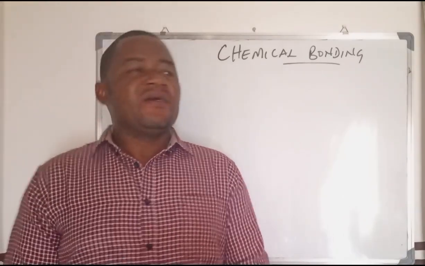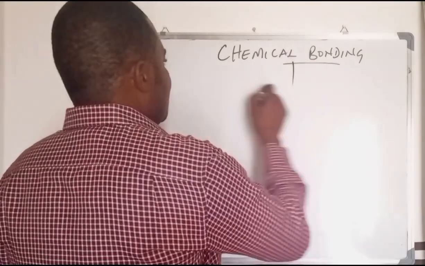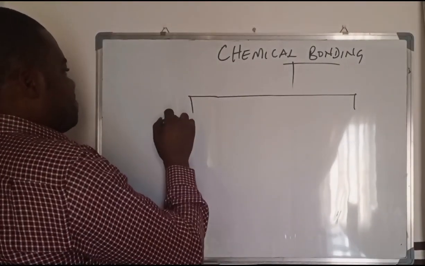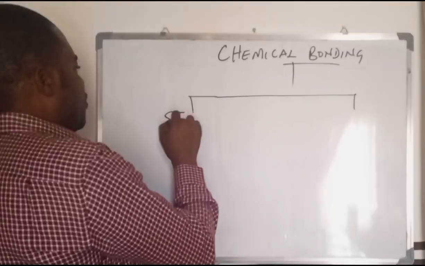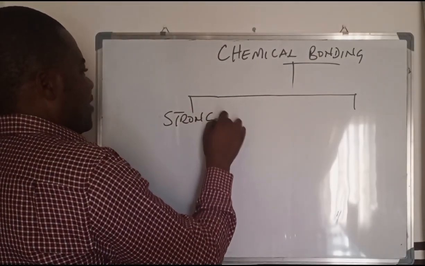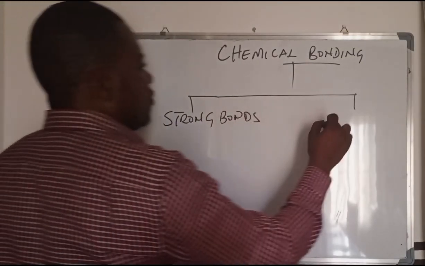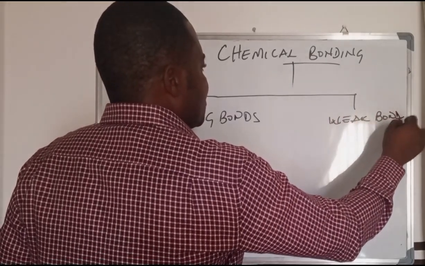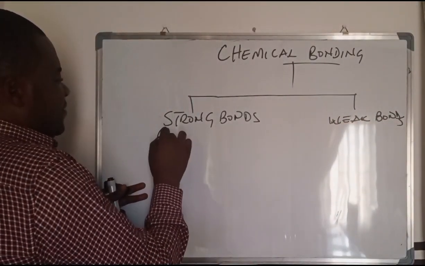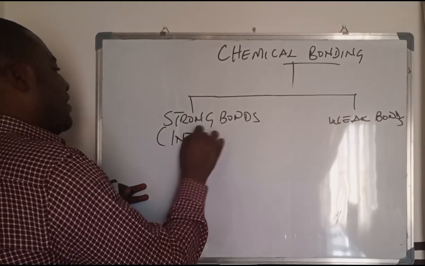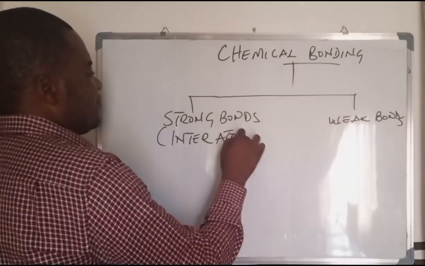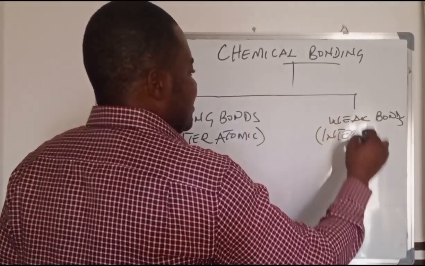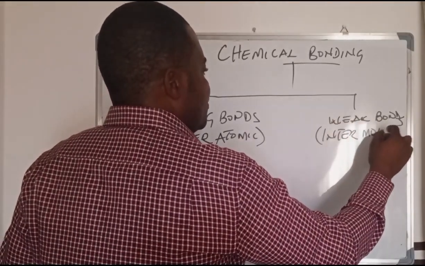Now, let us understand that chemical bonding is divided into two. You have the strong bonds, and you also have the weak bonds. Strong bonds are always described as interatomic bonds, while the weak ones are described as intermolecular bonds.